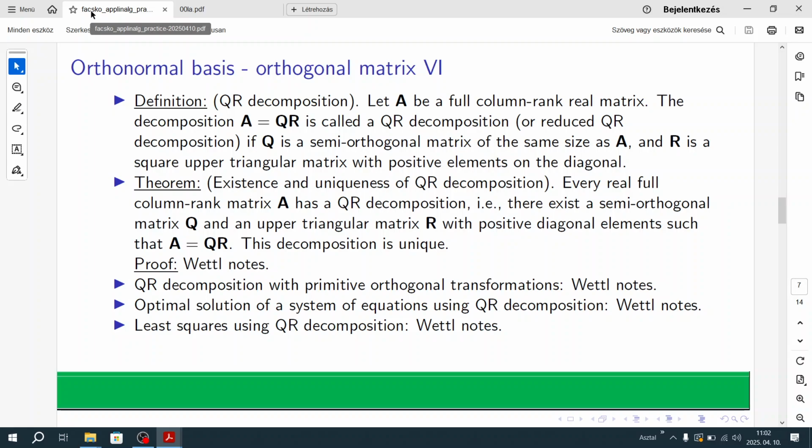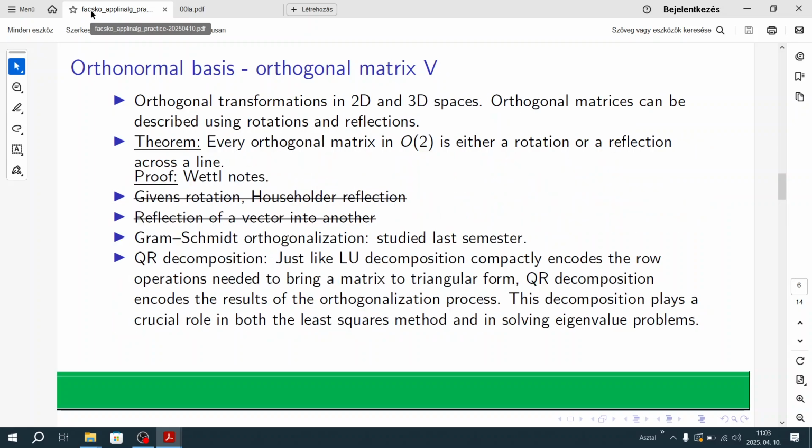You have a matrix A with real elements, and you can decompose it into the multiplication of two matrices. The first, Q, is a semi-orthogonal matrix with the same size as A. R is an upper triangular matrix. What you have to do is the Gram-Schmidt orthogonalization and note and create matrices from what you are doing.